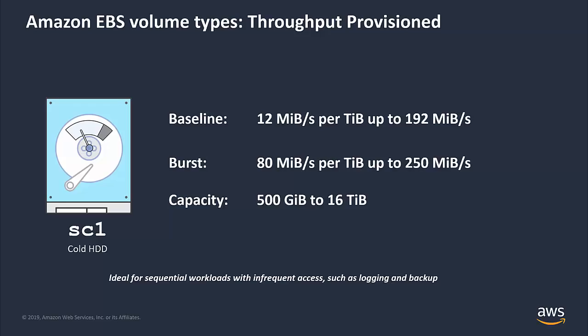SC1 volumes provide baseline performance of 12 megabytes per second per terabyte up to 192 megabytes per second, and they can burst at 80 megabytes per second per terabyte up to 250 megabytes per second.